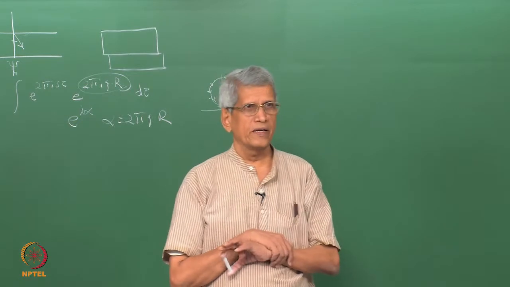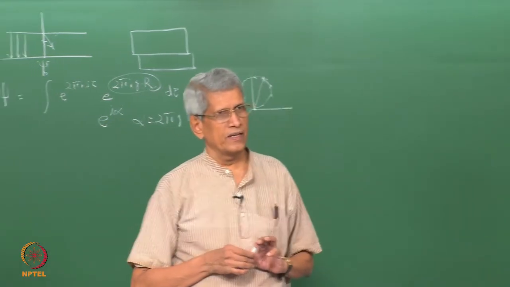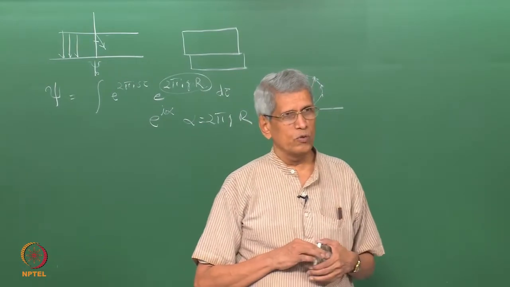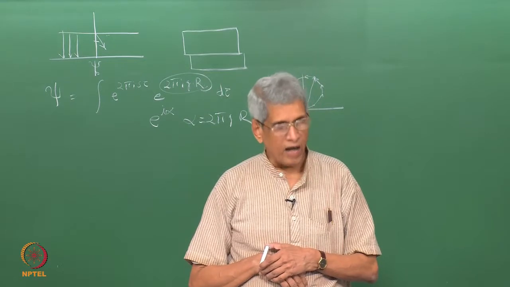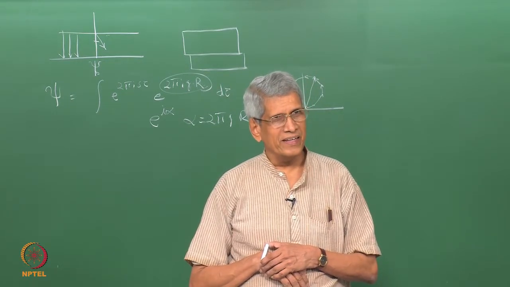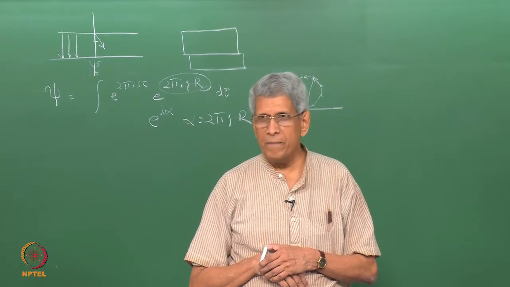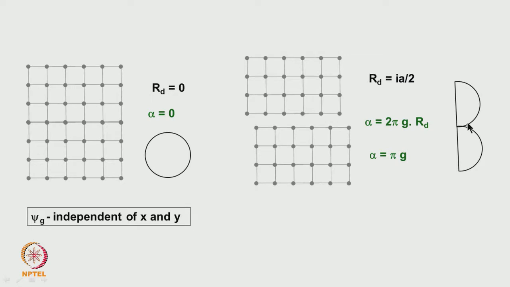Suppose we assume that the vector which we are using, this is a simple cubic lattice which we have considered, the vector g equals 1 0 0. Then what will happen to alpha value will become pi, right? Is it not? If alpha becomes pi, this introduces a phase shift which is reversal of this, okay.